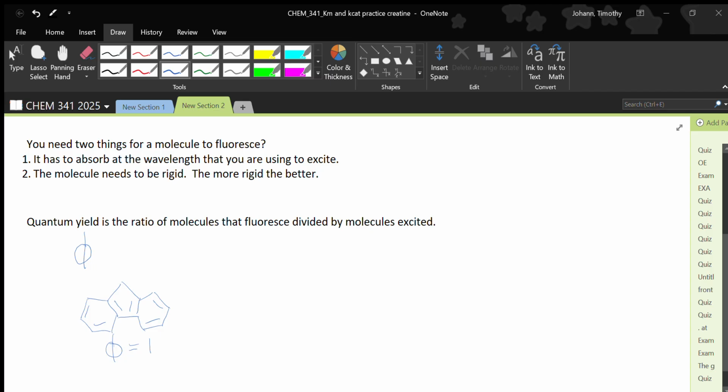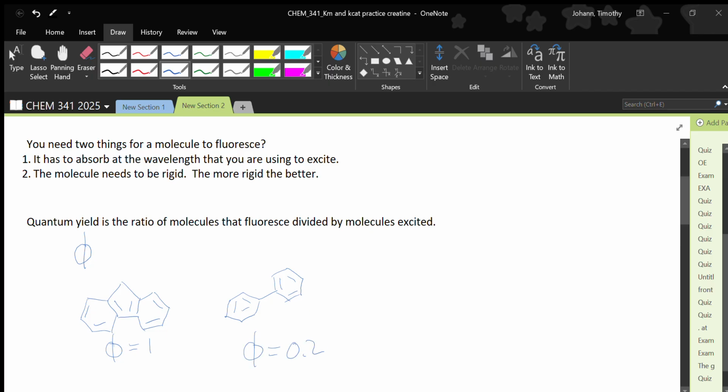If we compare that to bipyridine, bipyridine looks like this. We get a quantum yield of 0.2. So only 20% of the molecules, because this can rotate around, only 20% of the molecules that are excited here actually fluoresce. All right?